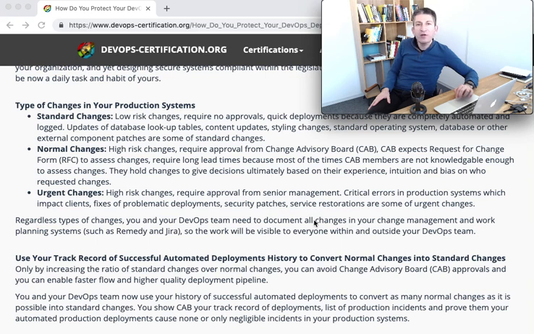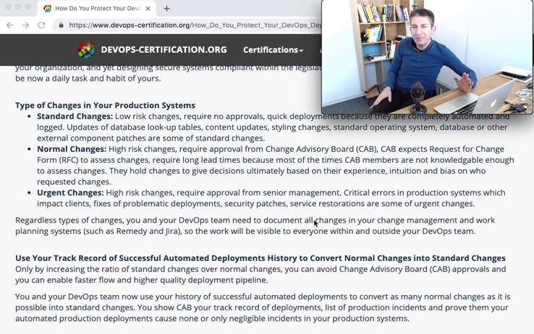They require long lead times because they have to read the document, assess it, and usually ping pong the document between development teams, and then they have to understand all the information to be able to give a correct decision. And they require long lead times usually because most of the time CAB members are not knowledgeable enough to assess changes. They hold changes to give decisions ultimately based on their experience, intuition, and bias on who requested the changes.